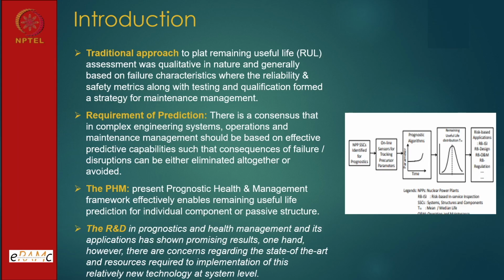If I have to explain through this figure, in a nuclear plant there is some component which is being monitored online. We are tracking the precursor parameter signal, and then we perform the prognostics. Initially it was horizontal, then it deviated, and then the failure occurs at this point.